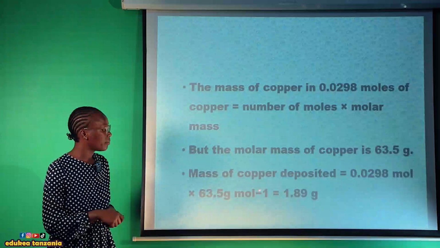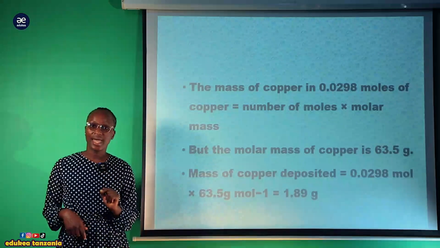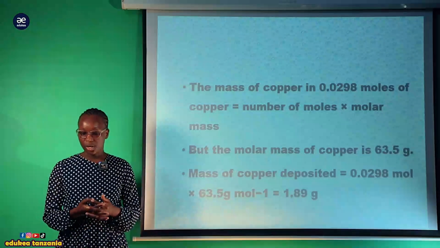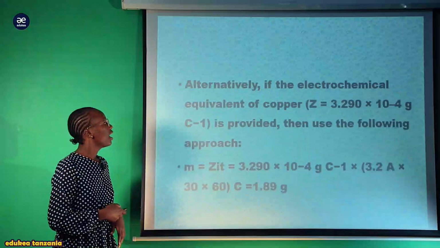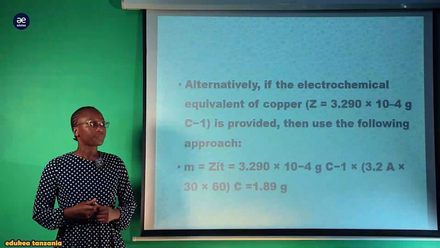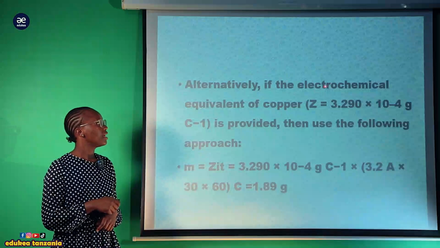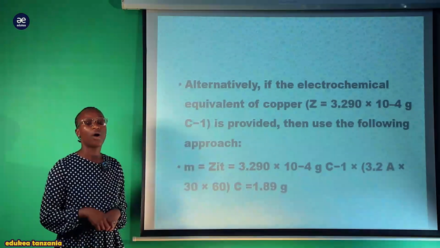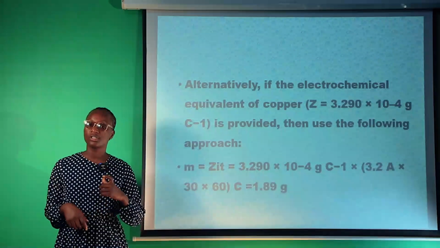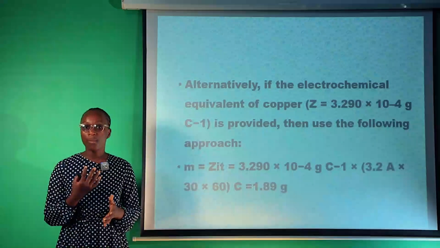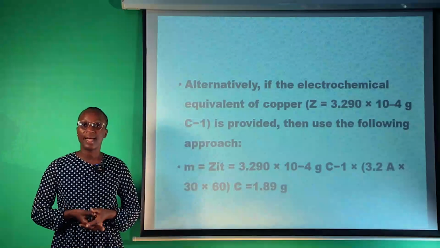ambazo zinakuwa discharged here. So since the copper ion, which is copper 2, has 2 charges, kwamba yenyewe ina 2 charge. Now the number of moles of copper discharged is given by, kwamba sasa tukiangalia ile number ya copper ambayo imekuwa discharged itakuwa sasa na ngapi? We know that we take that number of moles of electrons divided by the valence.